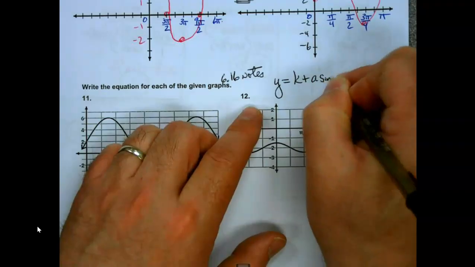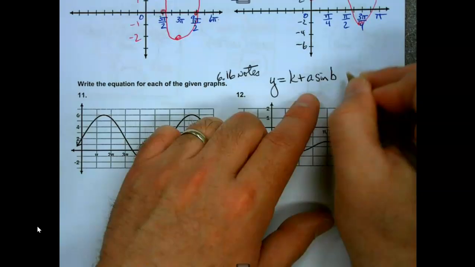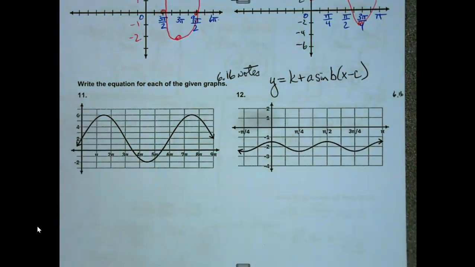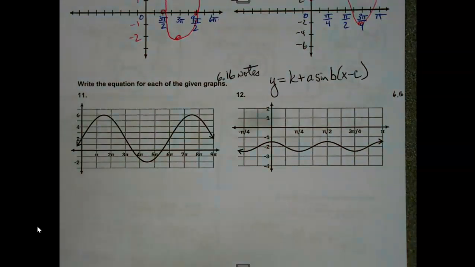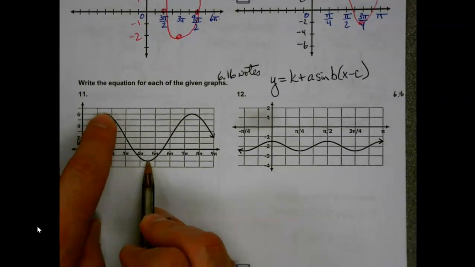And again, I'm just going to use sine here. This is true for cosine as well. So if we had all 4, it's going to look like that. So remember how we go back and we do this. It typically is easiest first to find where your center line is. So I go down as low as -2 and as high as 6.